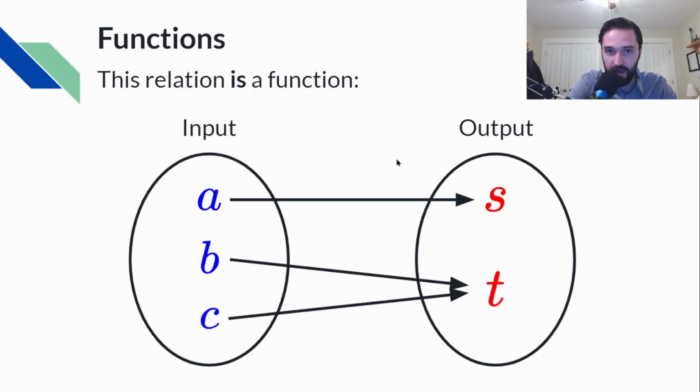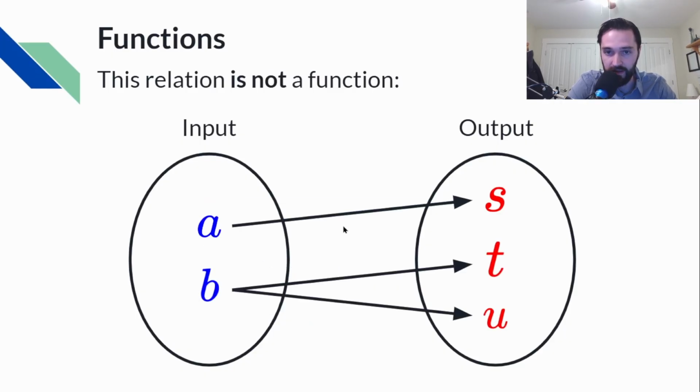And this example is a function as well. A is associated with S, and we map B to T, and we also map C to T. So just because they have the same output doesn't ruin it. It doesn't make it a non-function.